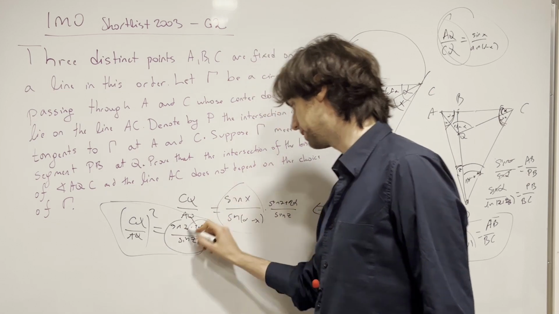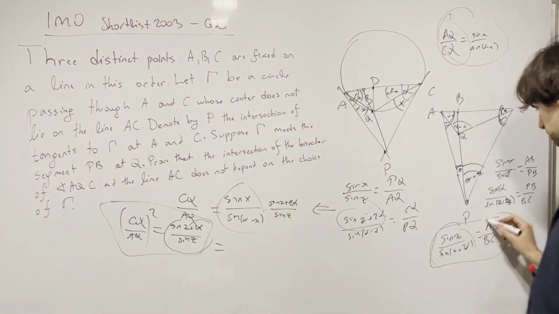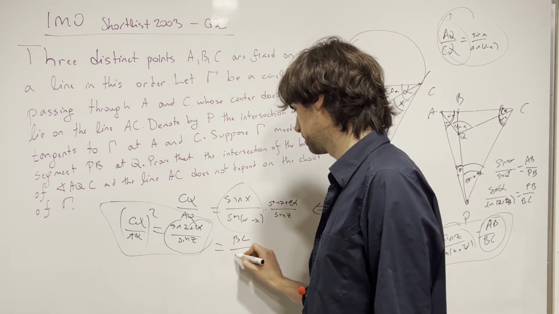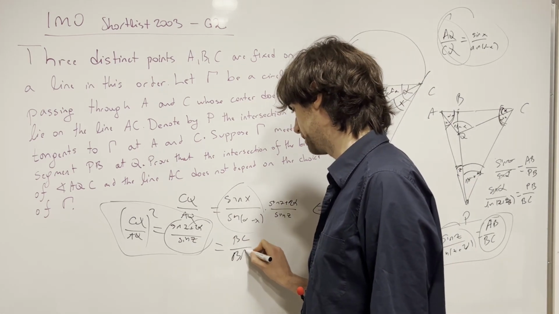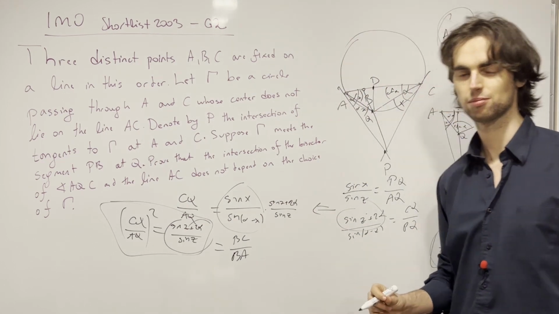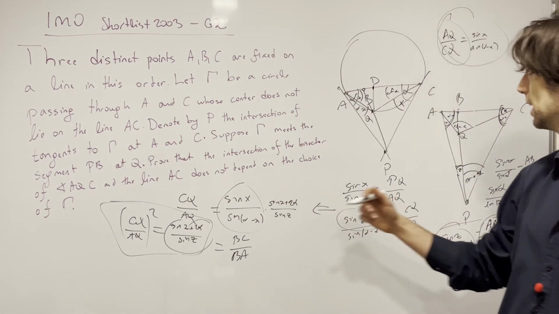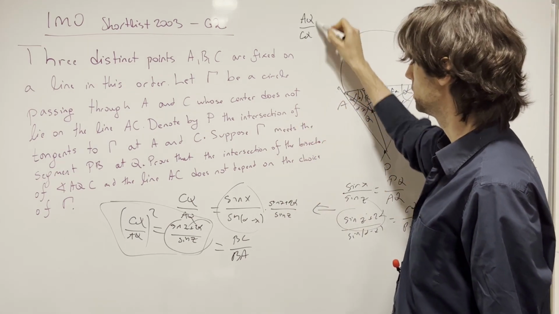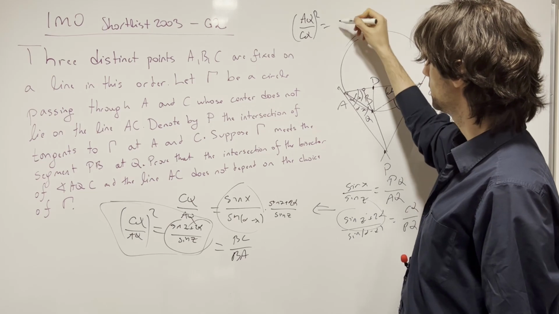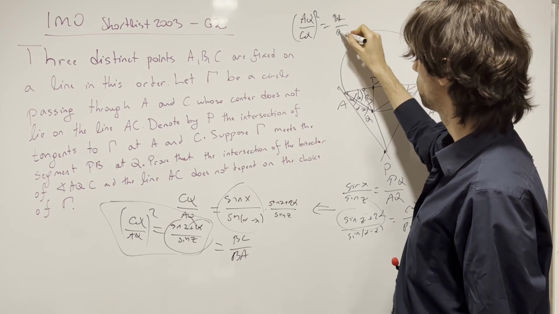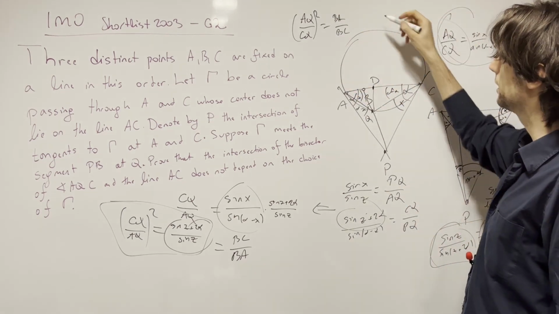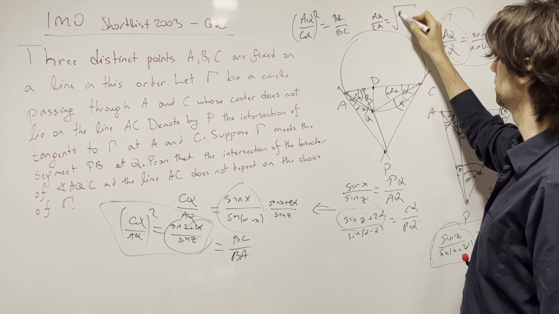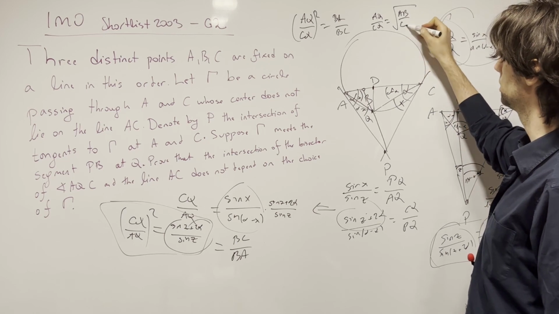So I have this thing is equal to, from here, it's equal to BC over BA. And this finishes up the problem because now we have shown that AQ over CQ squared is equal to BA over BC, or that AQ over CQ is equal to the square root of AB over CB.